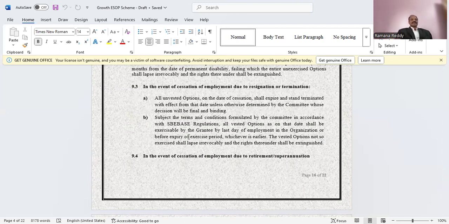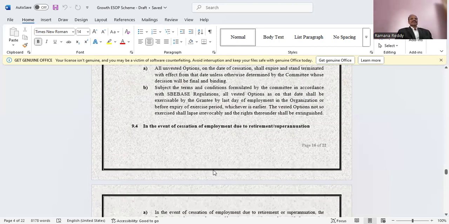All vested options, where options are already vested, shall be exercised by the grantee by the last day of employment in the organization or before expiry of the exercise period, whichever is earlier. So the vested options not so exercised shall lapse irrevocably, and the right thereunder shall be extinguished. So if vested options are there, he has to exercise. If unvested options are there, they shall lapse.